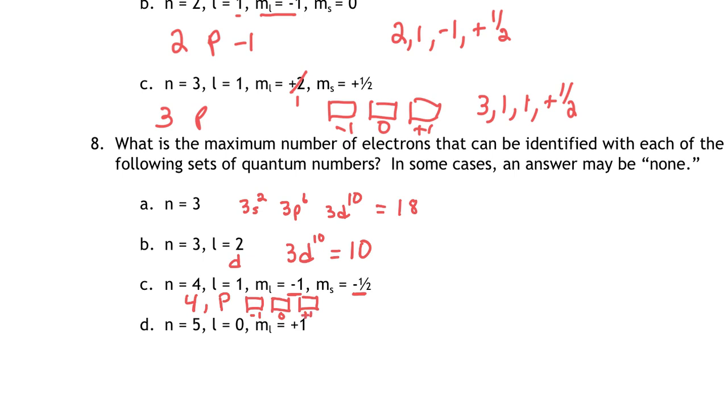How many electrons can be there? Well, we've got our downspin, so we can have upspin, upspin, upspin, downspin. So the maximum number of electrons we can have in that is equal to 2.